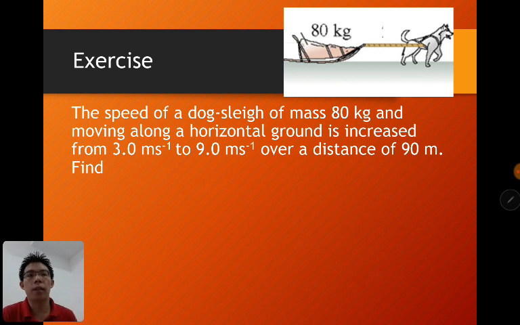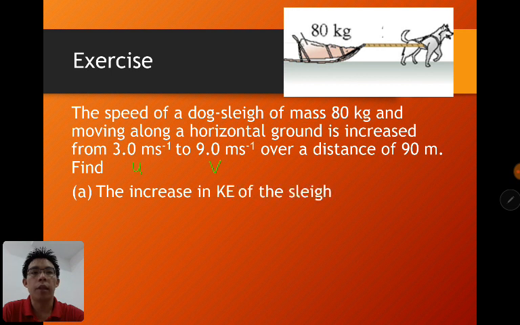Okay, so next question. We have a dog sleigh of 80 kg moving along a horizontal ground, increasing its speed from 3 to 9 meters per second over a distance of 90 meters. So this is the final speed, this is the initial speed. Okay, distance is 90.